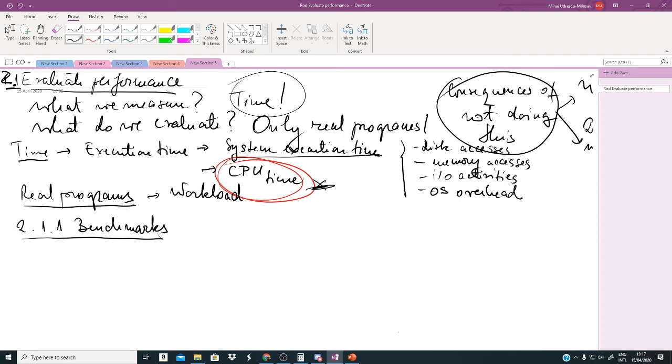Because over time, many years ago, people also tried to use kernels, which are small pieces of real applications, or toy programs, which are even smaller pieces of programs, functional pieces, such as quicksort.